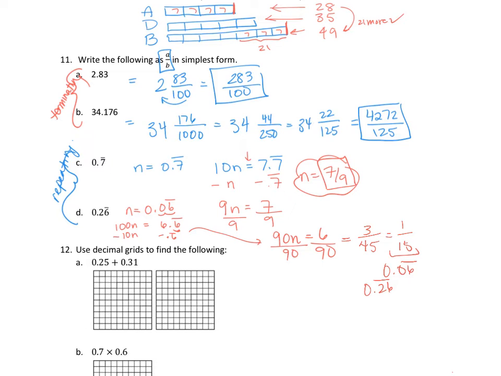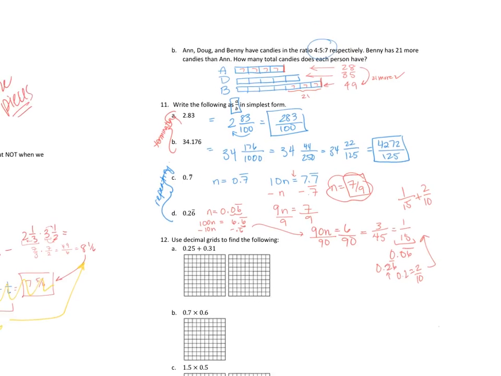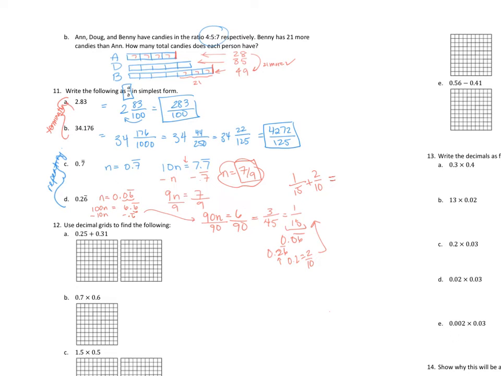So the 2's not repeated, only the 6's. So we still need to take the 0.2, which is 2/10, and add that in here. So we're looking at 1 over 15 plus 2 over 10, which will be equal to, the least common multiple of 15 and 10 is 30.